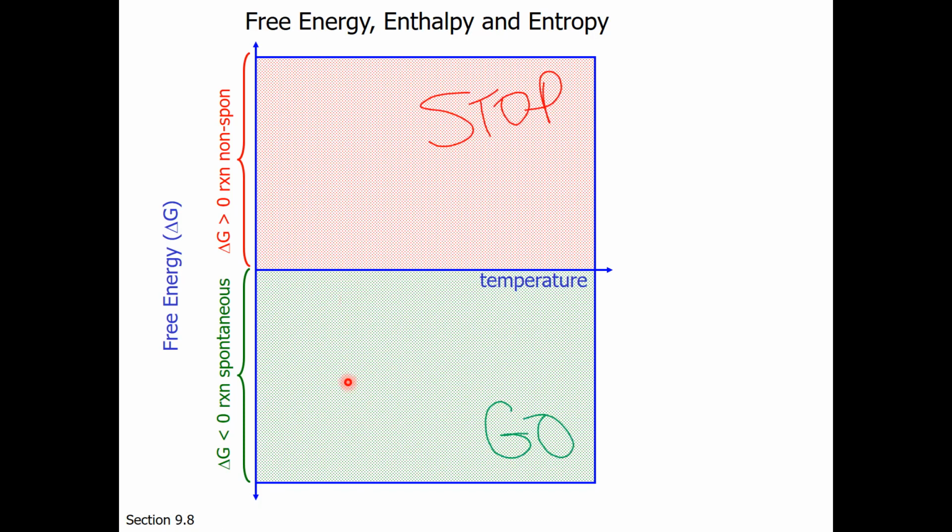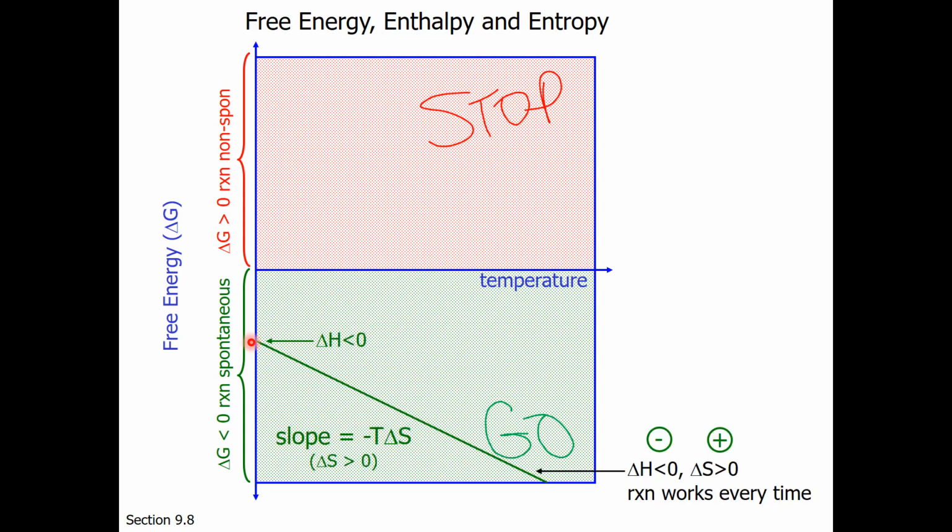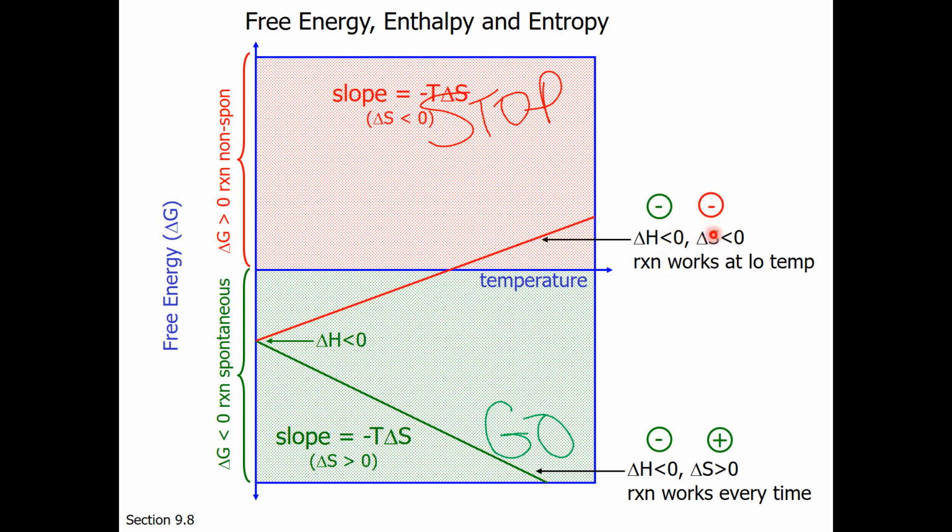When delta G is negative, we are in the go zone. When delta G is positive, we are in the stop zone, meaning non-spontaneous in the forward direction. A reaction that is negative positive has a starting point that is negative and a slope that is also negative. So it stays in the go zone all the time. A combination that is negative, negative starts at a negative value, but the slope is positive, so it will transfer from the go zone to the stop zone.